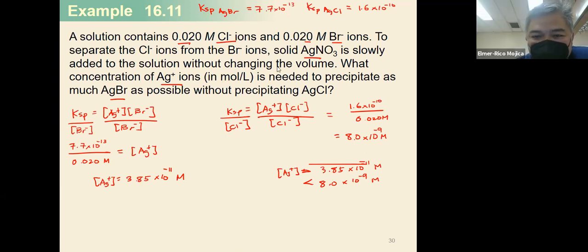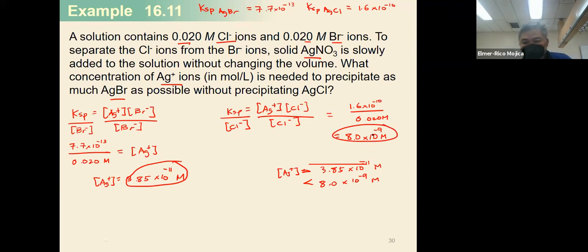So the question being asked here: what concentration of silver ion is needed to precipitate as much silver bromide as possible without precipitating silver chloride? We determine what concentration of silver ion you need to precipitate each. If it's silver bromide, we need this amount. If it's silver chloride, we need this amount. So make sure we meet this amount to precipitate the silver bromide, but don't go over this amount or else the silver chloride will start to precipitate.